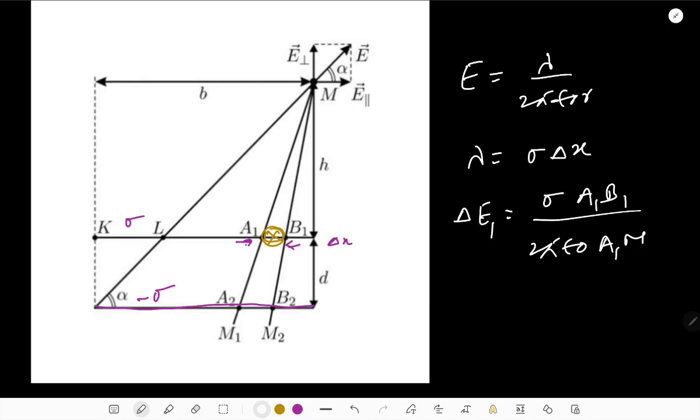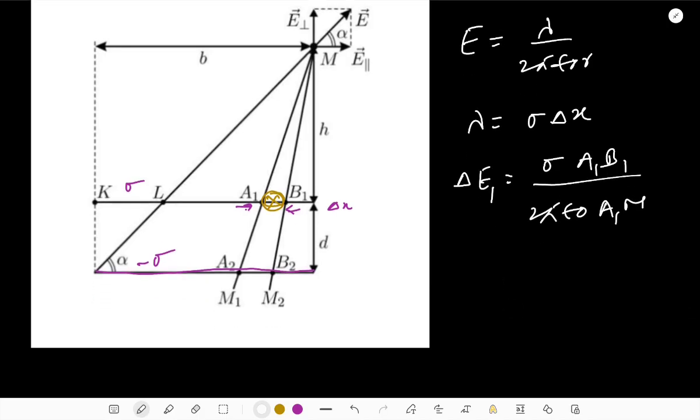In a similar manner, you can write the electric field due to this strip, that is A2B2. Delta E2 equals sigma A2B2 divided by 2 pi epsilon naught, and in a similar manner you can write here A2M.